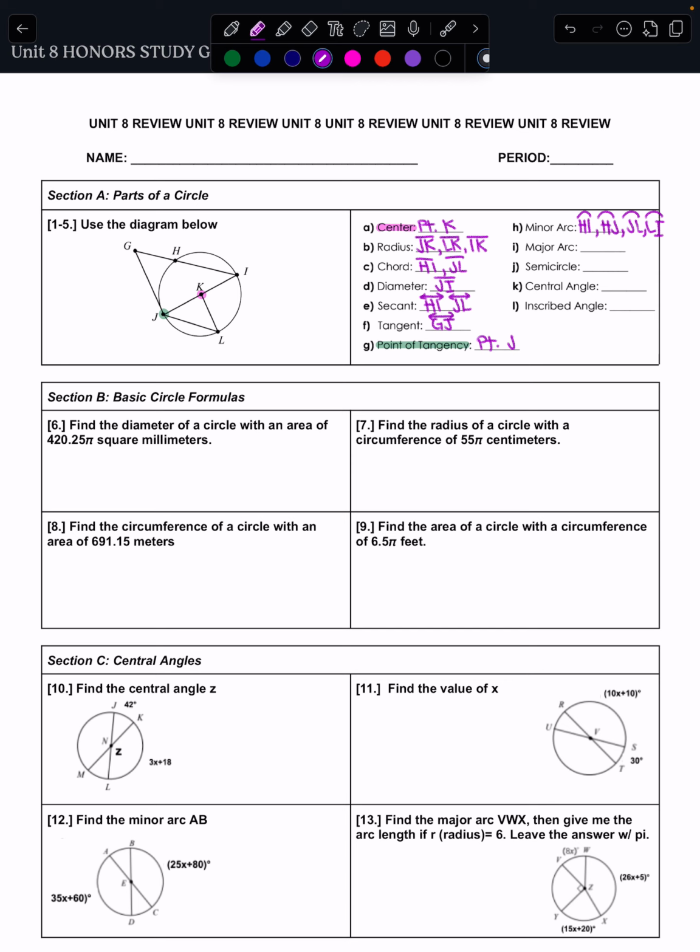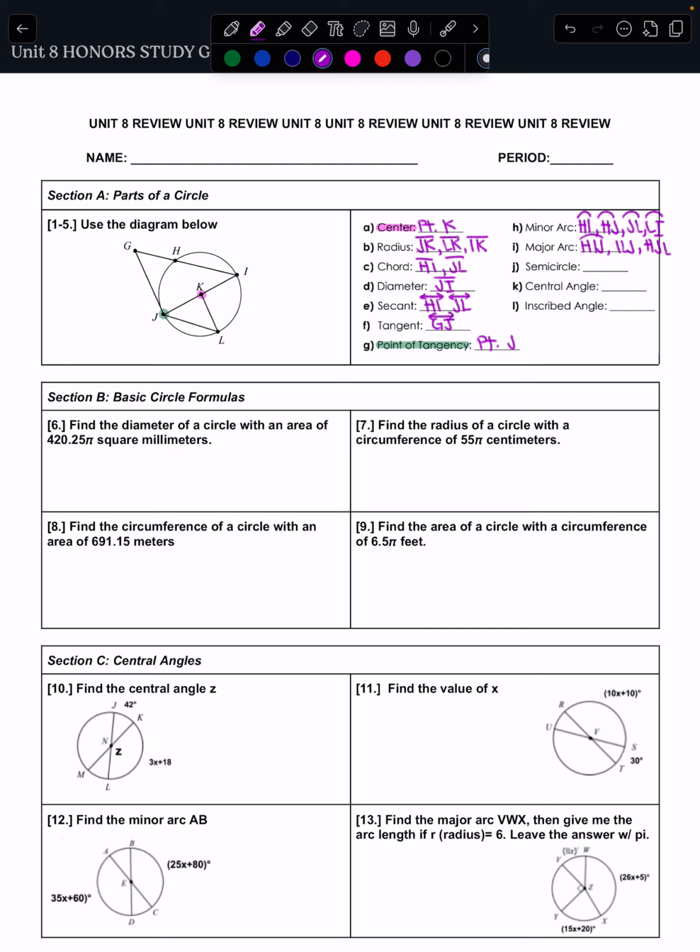For major arcs, these are anything that is more than 180 degrees, so anything larger than a semicircle. It looks like they include HIJ, ILJ, and HJL.